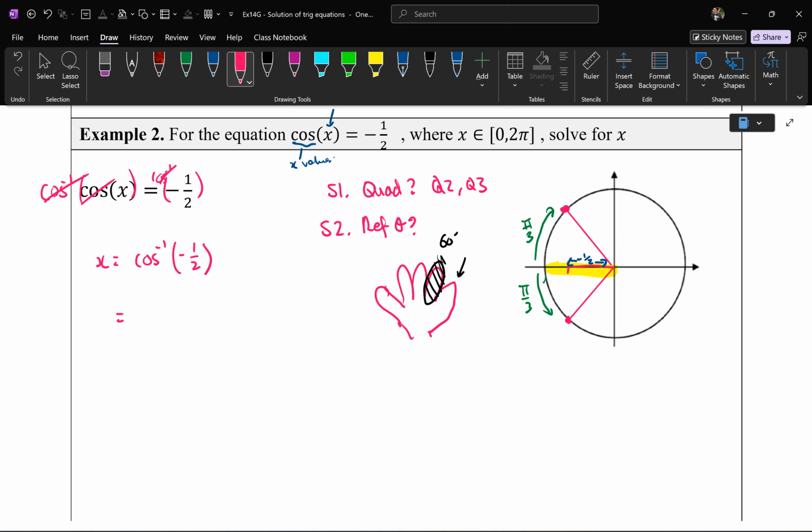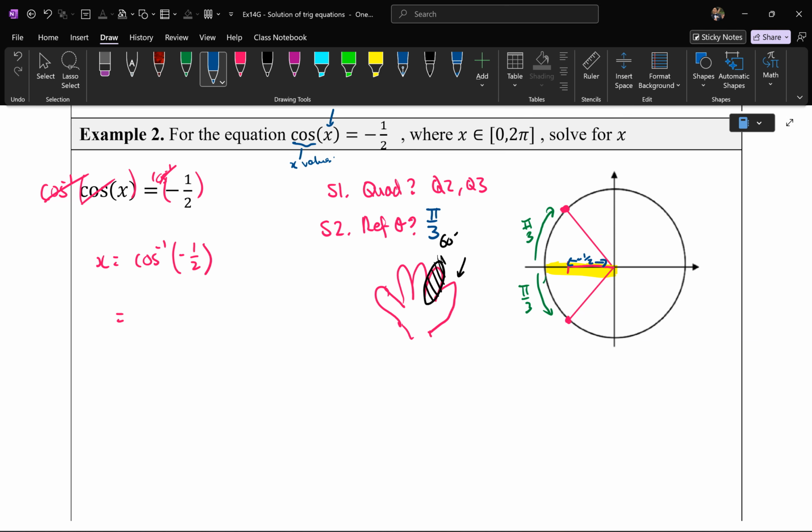You told me the reference angle was 60 degrees, but in radians, what's 60 degrees in radians again? Pi over 3. So I already wrote it. That's pi on 3. Now to know your answers, let's rotate. Here we go, starting from 0. I'm going to do a full revolution. So I'm rotating, and I hit my first solution, quadrant 2. But the first solution was only pi on 3 short of pi.